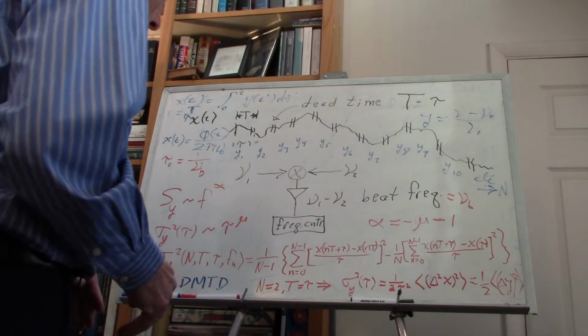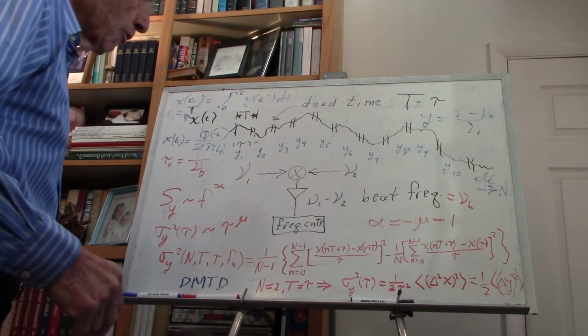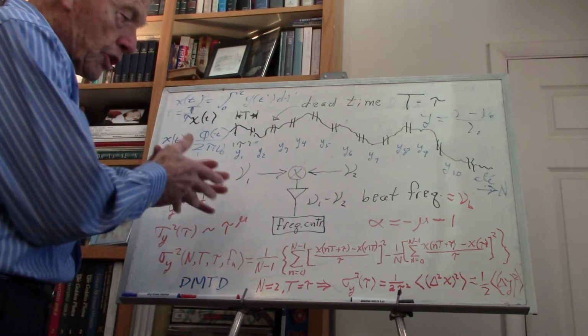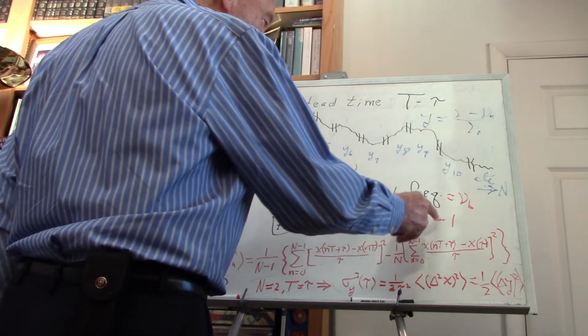And if we have a spectral density Sy going as f to the alpha, from Lighthill's page 43, we were able to do the transform relationship for general noise processes, showing that alpha is equal to minus mu minus 1.